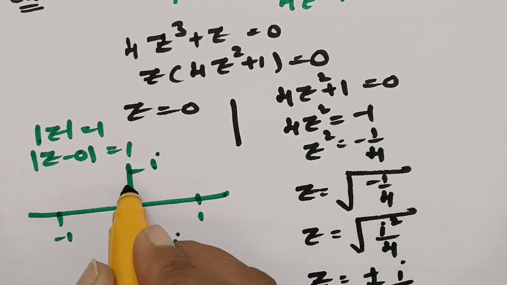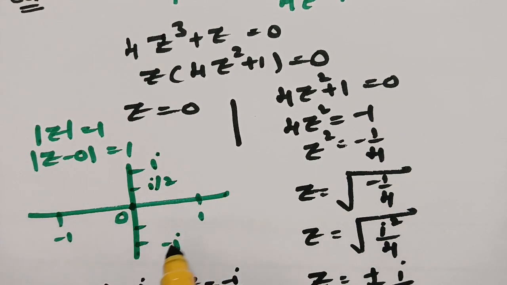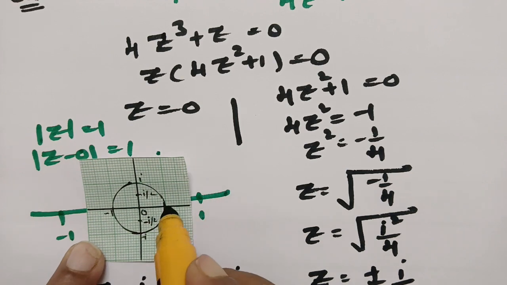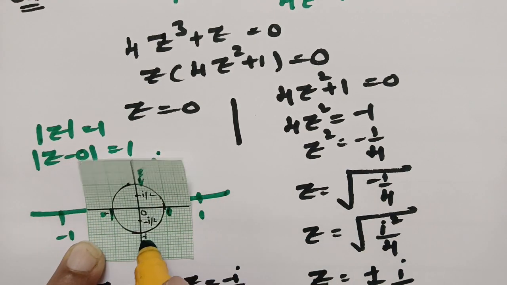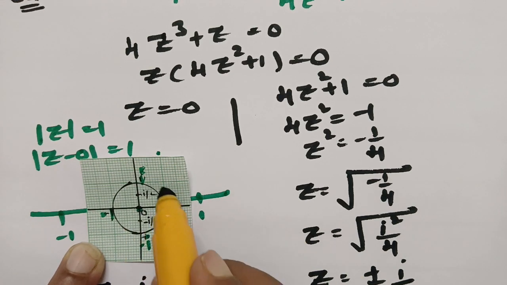Among these, in between there is +i/2, and in between 0 and -i there is -i/2. I am showing this clearly as it is very small. So this is center 0, this is 1, this is -1, this value is i and this is -i.